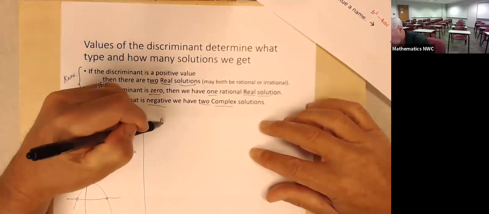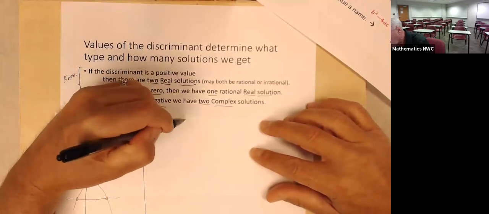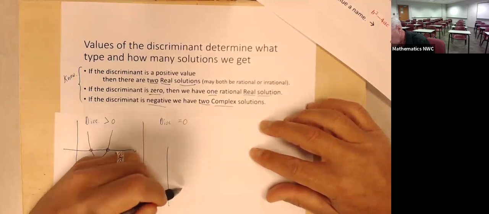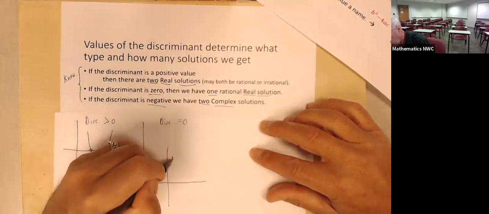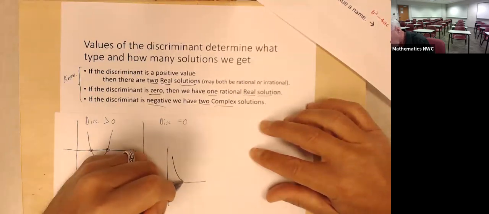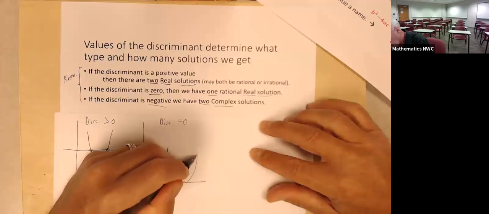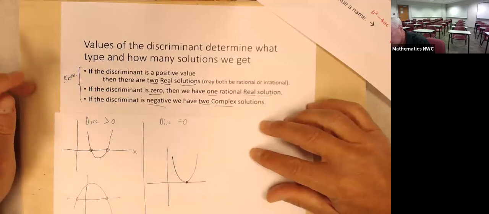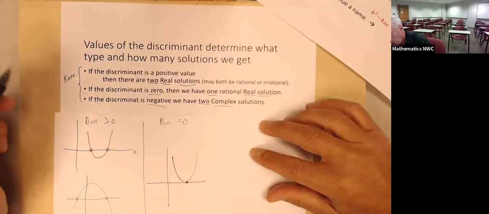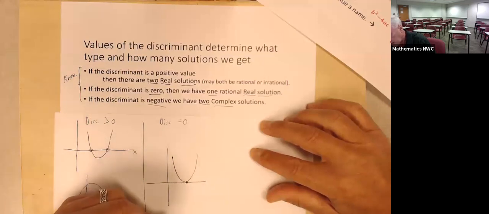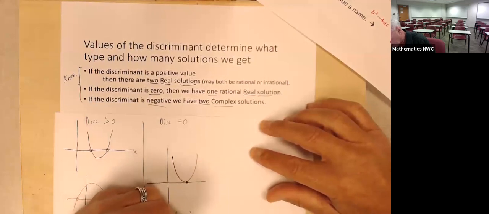When the discriminant equals 0, what it meant was the parabola touched the x-axis in only one spot. This would have been typically something like this. Had you factored it, say sometimes you have a double factor like this.